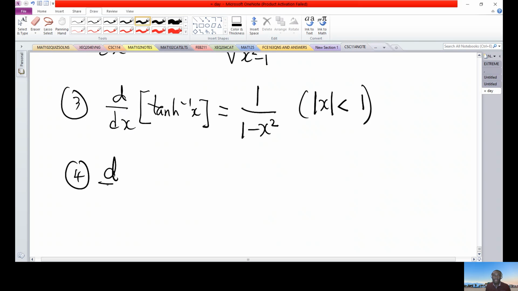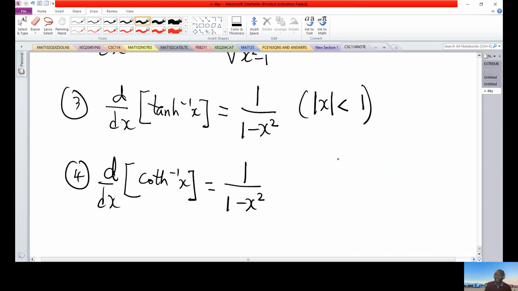Number 4, d/dx of hyperbolic cot inverse of x is 1 over 1 minus x squared, or the same thing as saying negative 1 over x squared minus 1, and then the absolute value of x must be greater than 1.